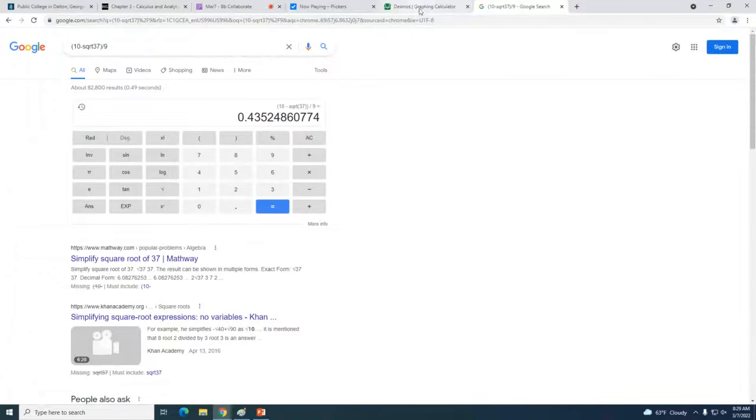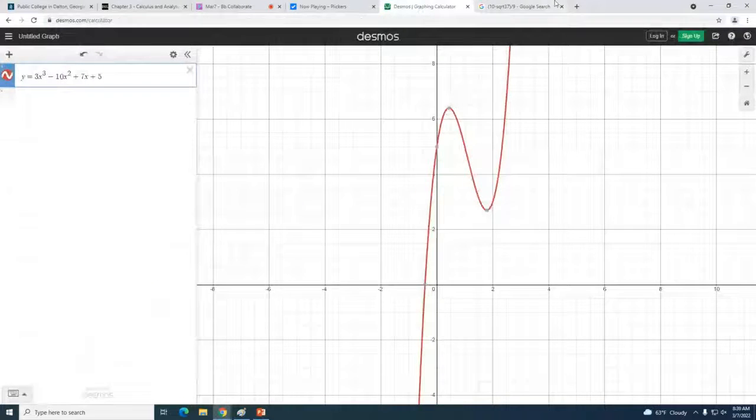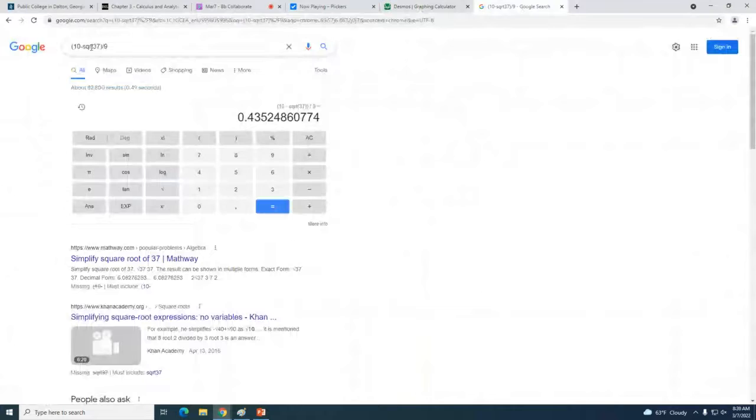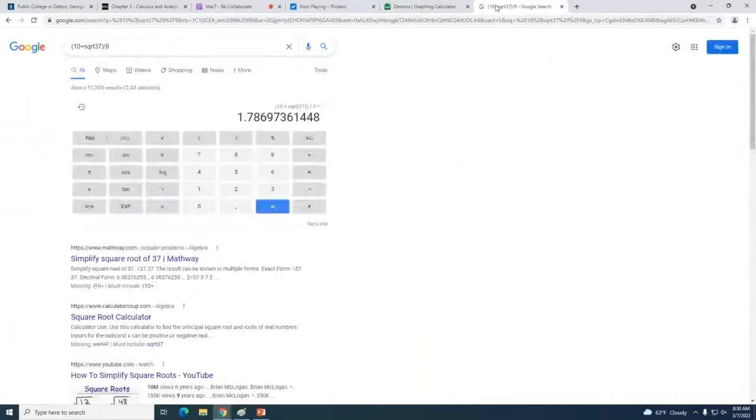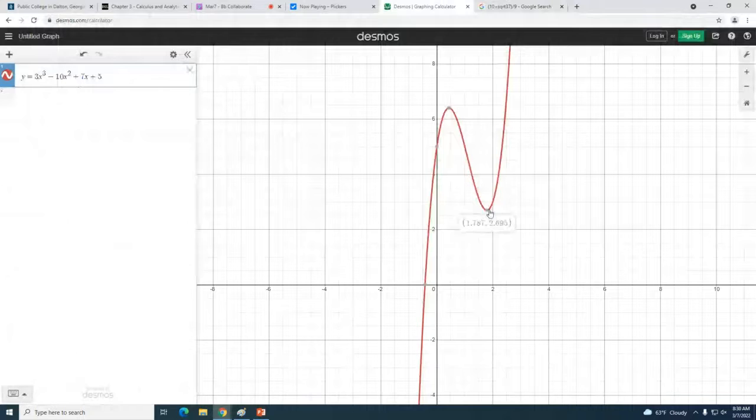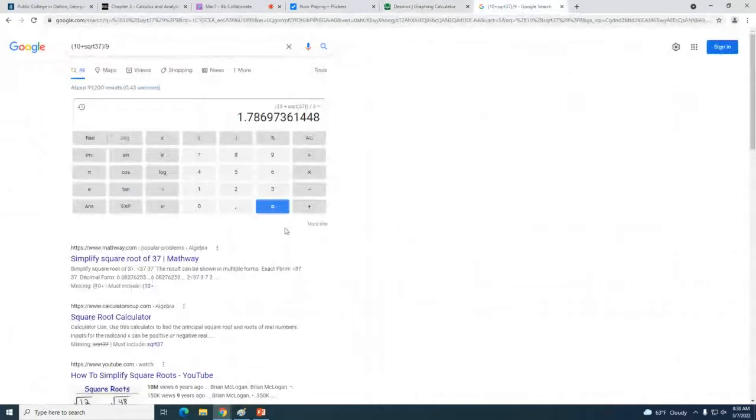So that's the first critical point. The other critical point should be when it's plus. The value here is roughly 1.787.